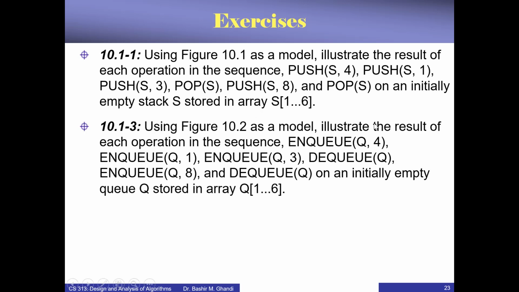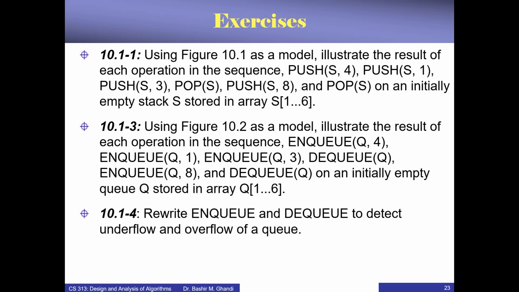Okay, similarly for the queue here, assuming we implement a queue with an array of size 6, again using a figure similar to 10.2, show the result of these operations. Alright, the next one is saying rewrite enqueue and dequeue to detect underflow and overflow respectively.